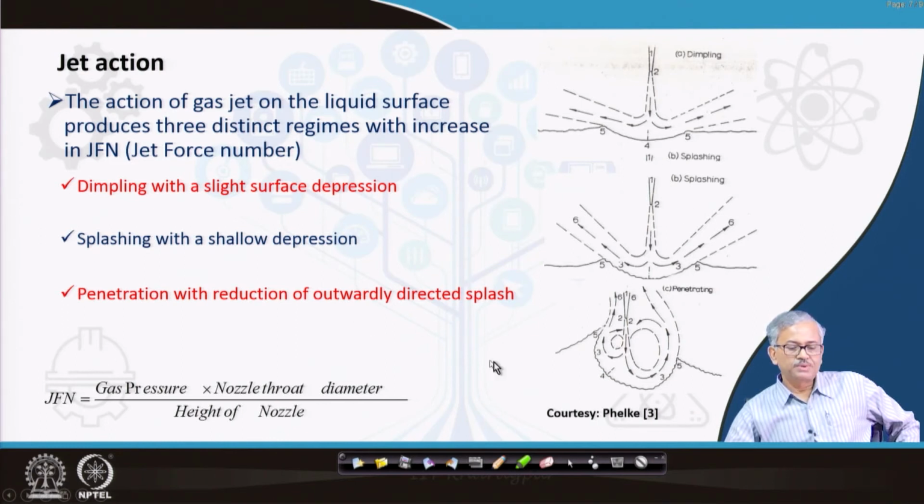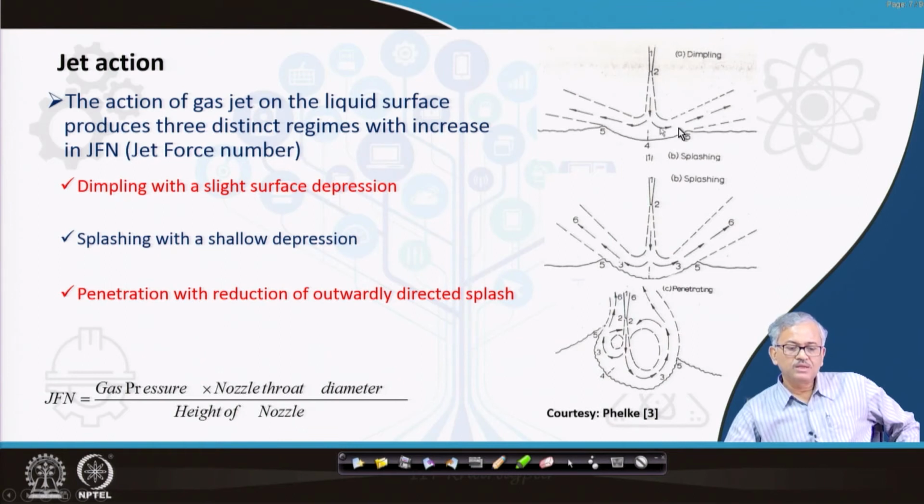And in penetration, they form a big crater on the surface, and the liquid droplets are ejected away in this way.